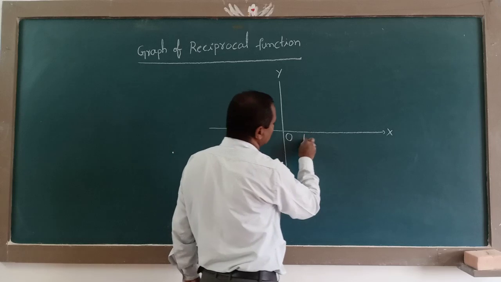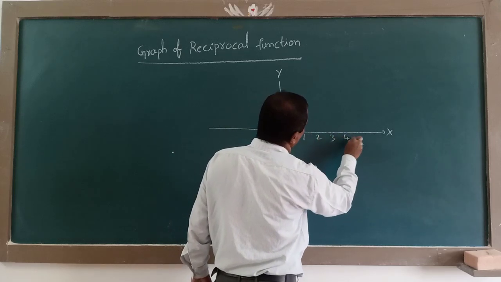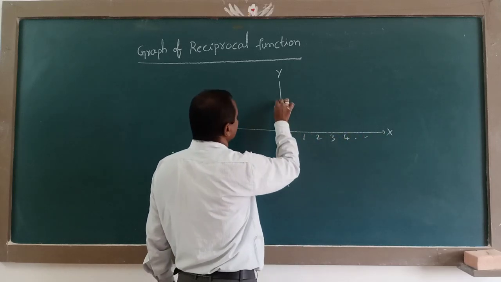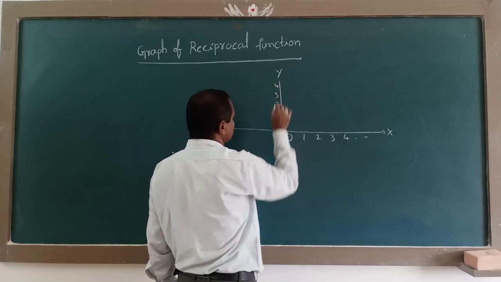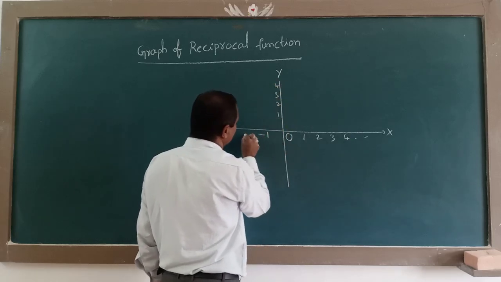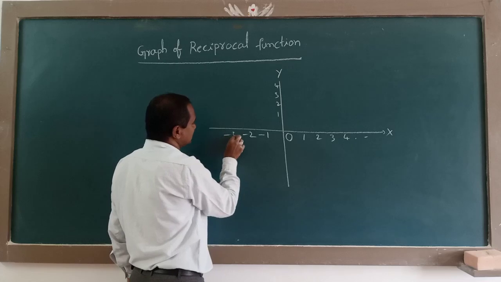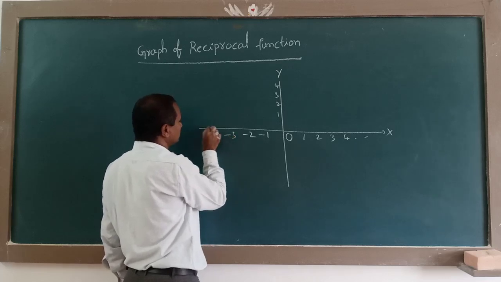Here 1, 2, 3, 4, 1, 2, 3, 4 like this. Minus 1, minus 2, minus 3, and so on.